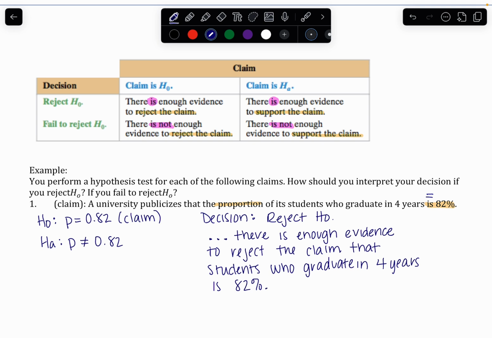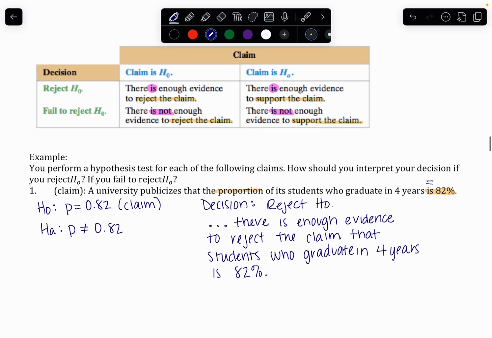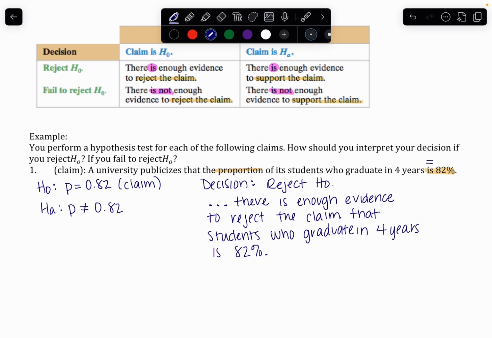Okay. Now, when we make the decision to fail to reject the null hypothesis, it's almost identical in the interpretation. The only difference when we fail to reject is instead of saying "is," we say "is not." Okay?